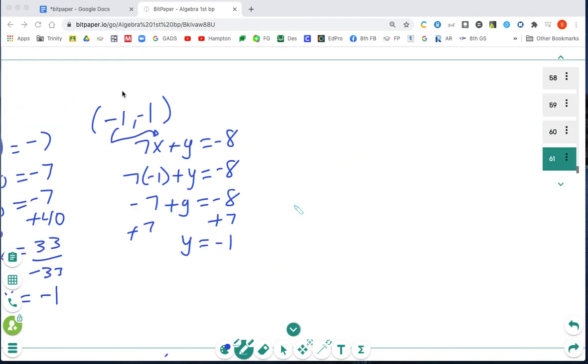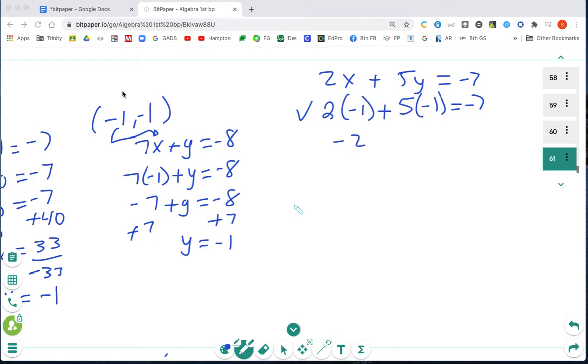For the check, I'm going to do 2 times negative 1 plus 5 times negative 1 is equal to negative 7. Of course, I've written my original equation, so I get my full credit. This is going to be negative 2 plus negative 5 is equal to negative 7. Negative 7 is equal to negative 7.